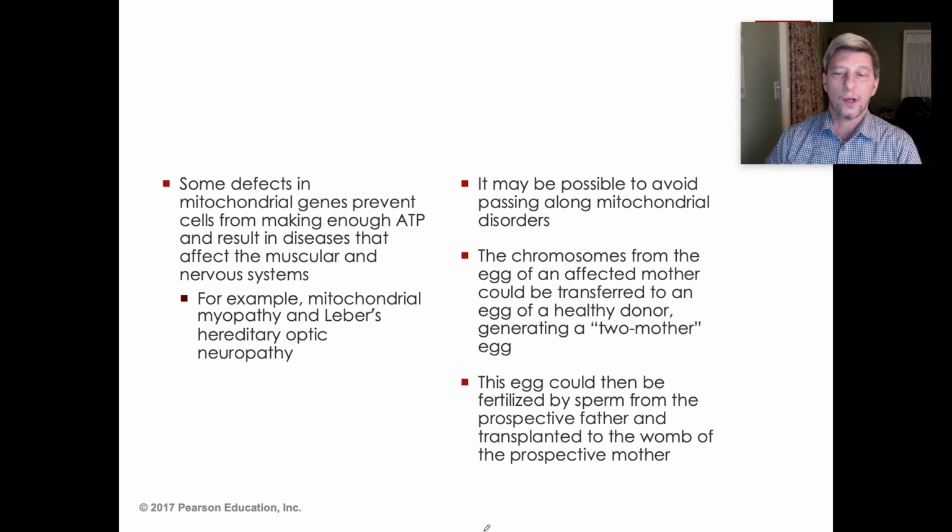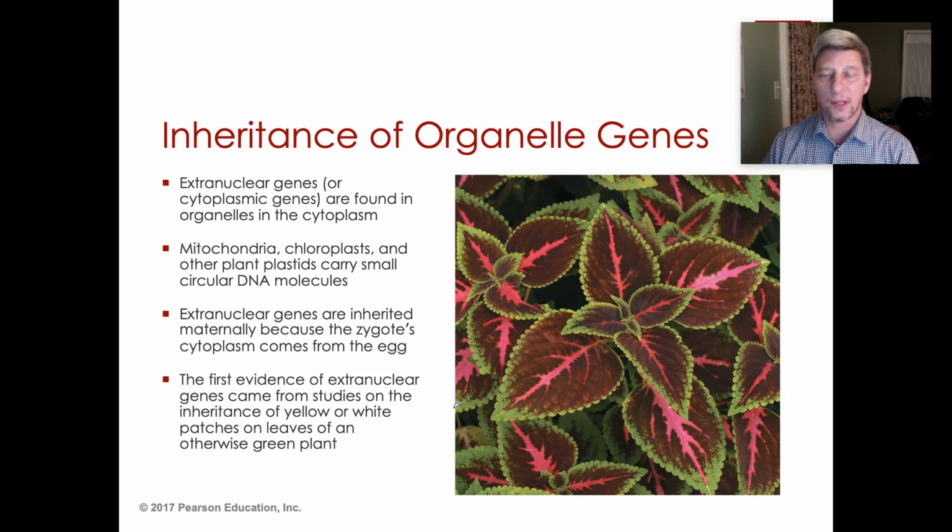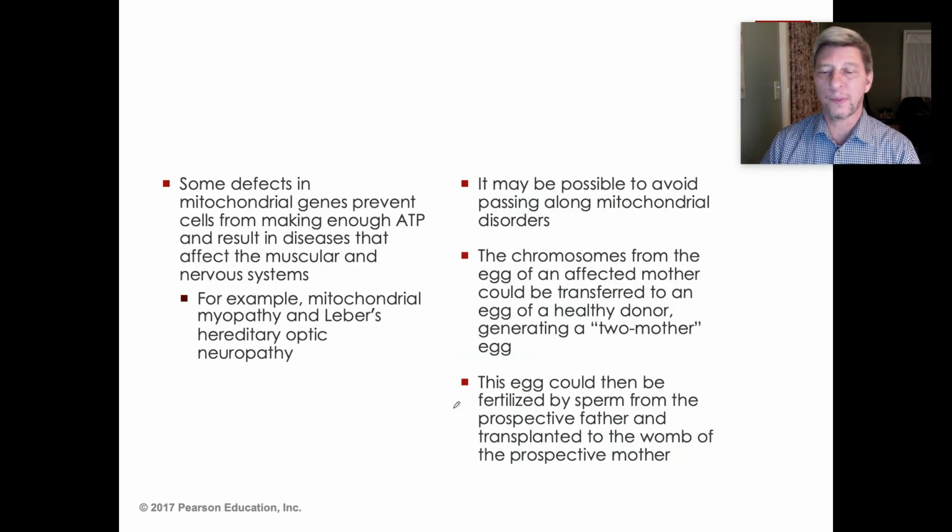And so this egg can then be fertilized by the sperm of the prospective father, and that egg can be transplanted into the womb of the prospective mother. That child will then be genetically the offspring of that mother and father.